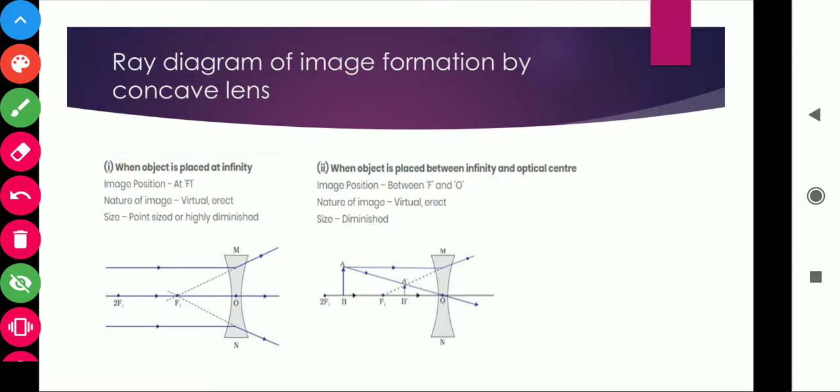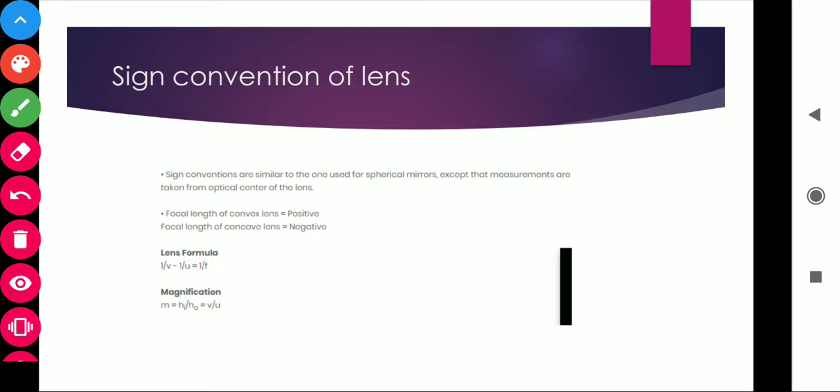Okay students, now the last topic is power of lenses. Let's first discuss the sign convention, which is similar to the mirror, but the one thing which we are taking is the focal length of a convex lens is always positive, and the focal length of a concave lens is always negative.